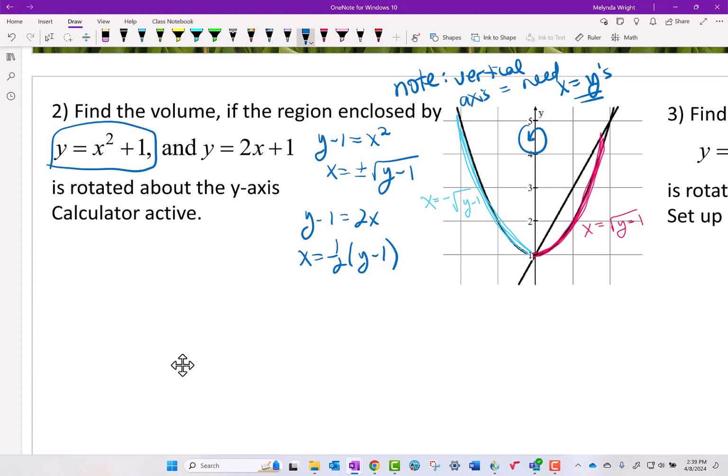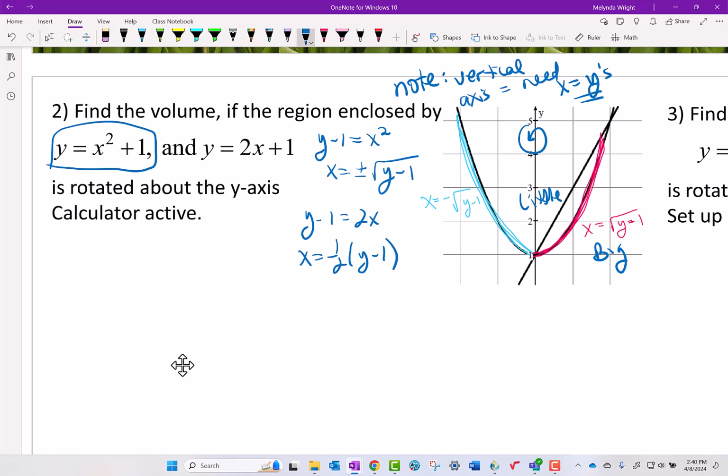For x equals a bunch of y's, the farthest right is the biggest one. So this would be big, and this one would be little. This should be a review for you. We did that with area, and we've done it with the other lesson. So when we have y's, big is to the right, little is to the left.